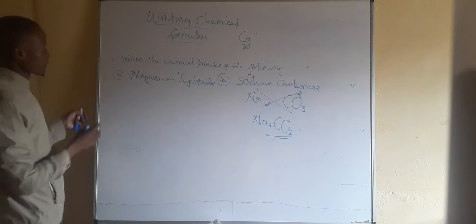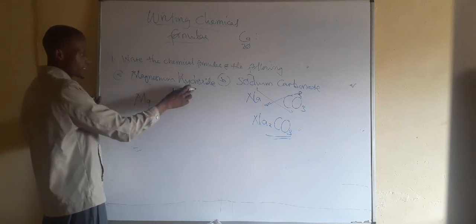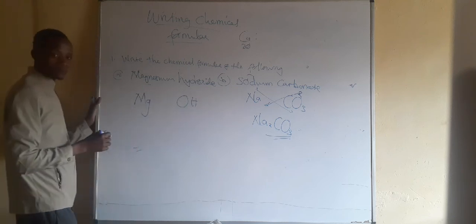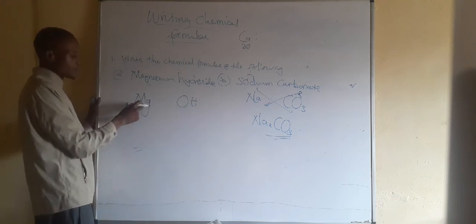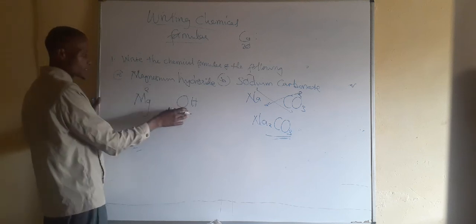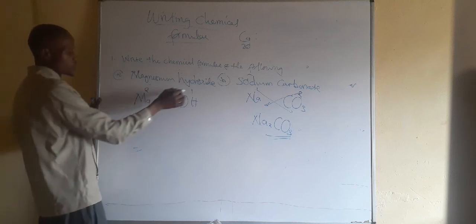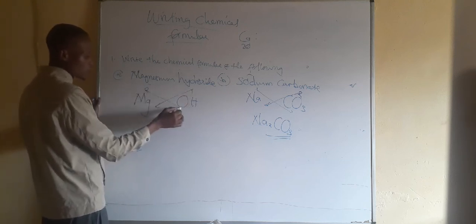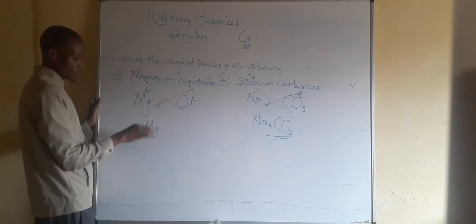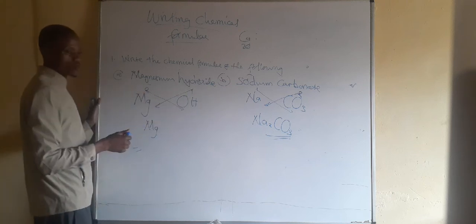Magnesium hydroxide, the element present is magnesium. The other thing present there is a radical, which is OH, hydroxide. What is the valence number of magnesium? It is found in group 2. Therefore, the valence number is 2. Hydroxide has a valence number of 1, from that table we drew there. You exchange the valences, so the 2 goes there. 1 comes to magnesium, so I'm just going to write Mg, don't show the 1. 2 goes that side, but where are you going to write the 2?